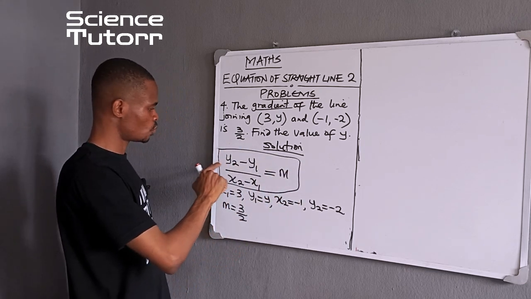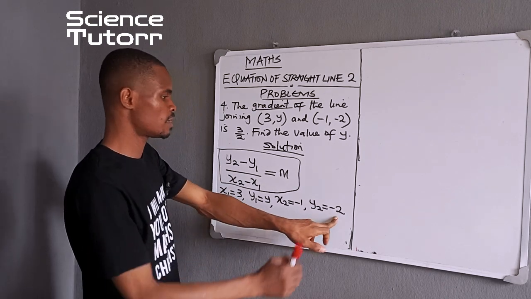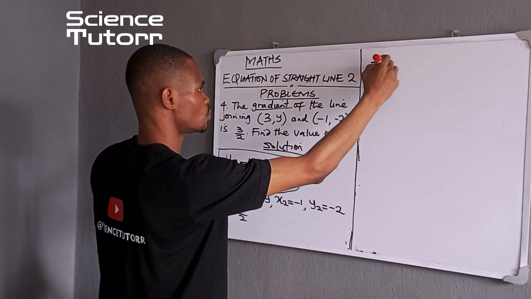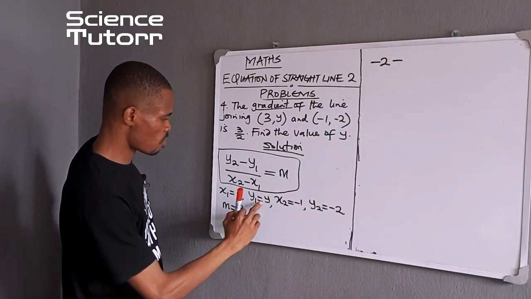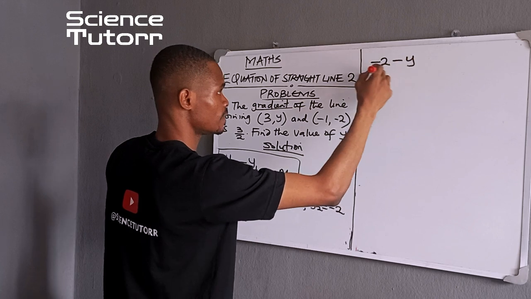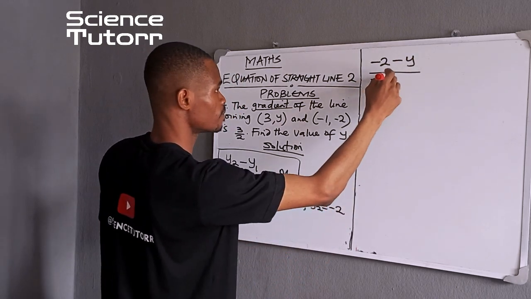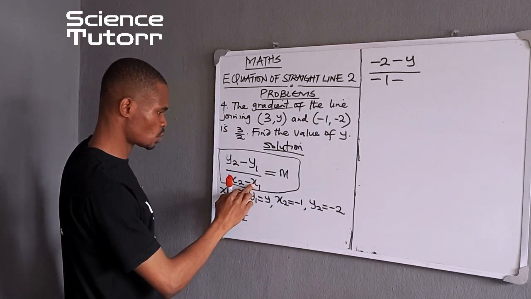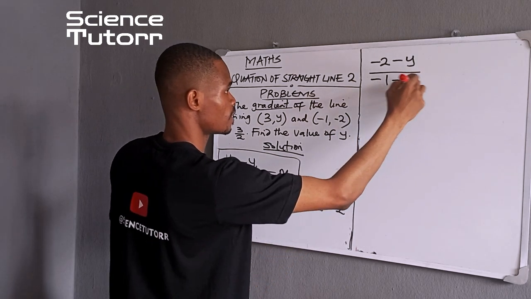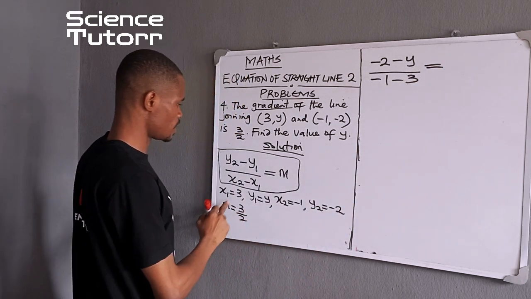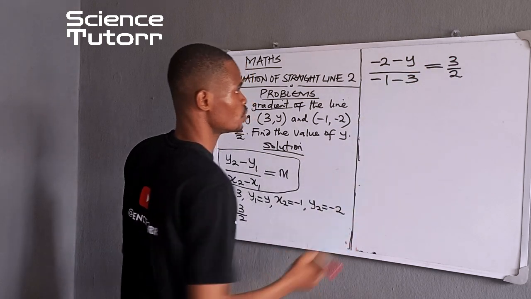Let's substitute. So we have y2, which is given as minus 2. So minus 2 minus y1, which is given as y, divided by x2, which is minus 1, minus x1, which is given as 3, is equal to gradient m, which is 3 over 2.